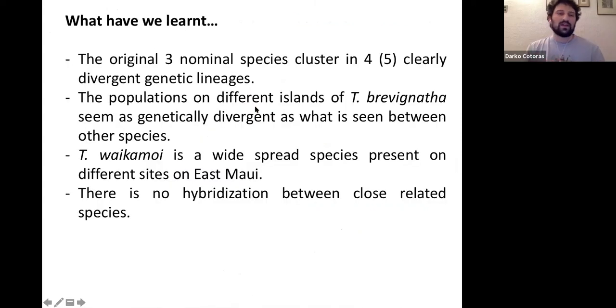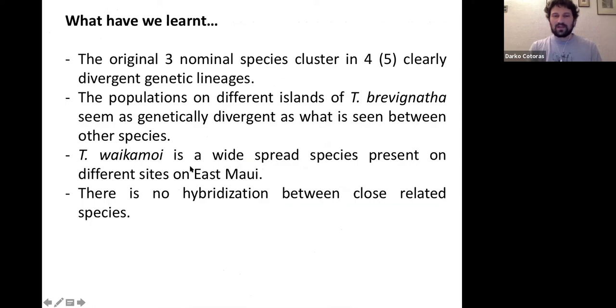So what we learned from all of this is that the three original nominal species cluster in 4 or maybe 5 clearly divergent genetic lineages. Also, the populations from different islands of Tetragnatha brevignatha seem to be genetically as divergent as what happened between different species. So we have 2 species instead of 1.